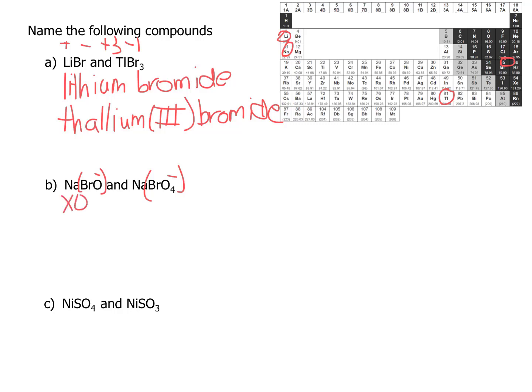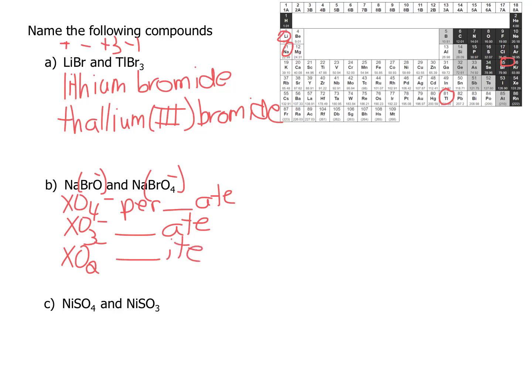If the oxoanion has 4 oxygens, it is per, whatever the atom name is, ate. If it has 3 oxygens, it's the atom name ate. If it has 2 oxygens, it is the atom name ite. And if we have 1 oxygen, then it is hypo, whatever the atom name is, ite.